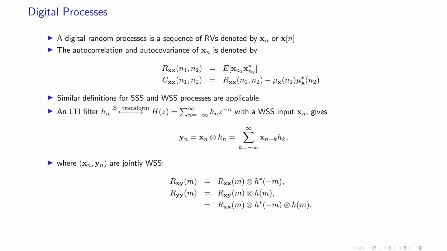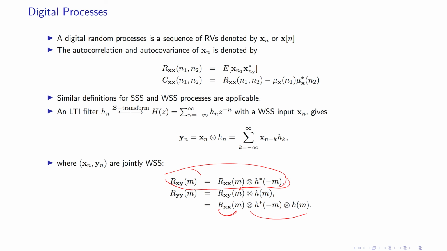And if you put this in the second equation, we get the third equation, which is that the autocorrelation function of the output is equal to the input autocorrelation convolved with this one. Obviously, you can apply the Z transform and then get the power spectral density of this function.